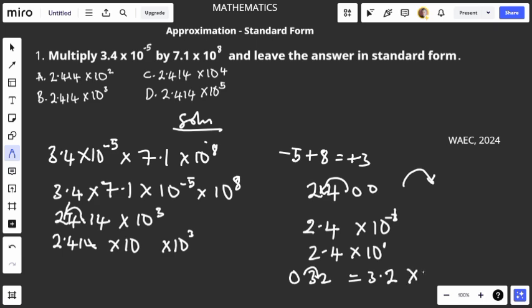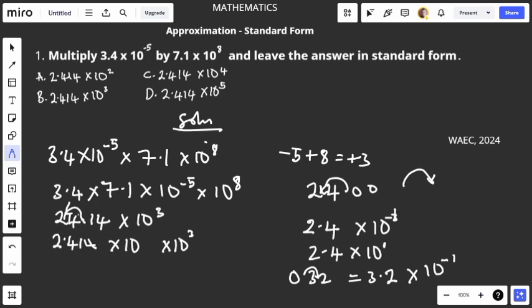So what power of 10 are you going to multiply with this 3.2 to take it back to 0.32? That would be negative 1. So when you are moving the decimal point to the right, you are increasing the negativity of the power of 10. When you are moving it to the left, you are increasing the positivity. So just take note of that.